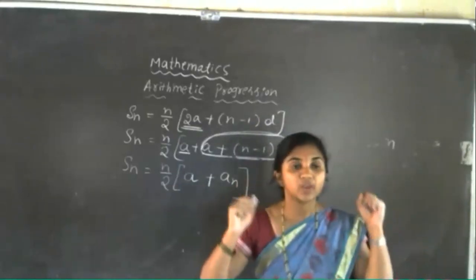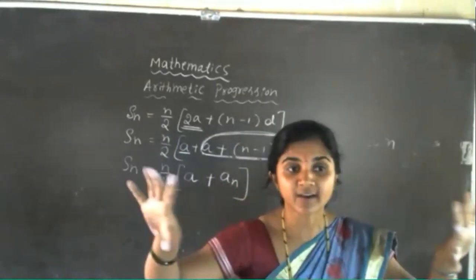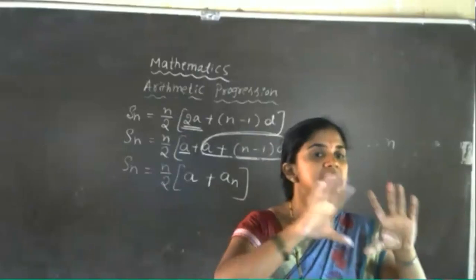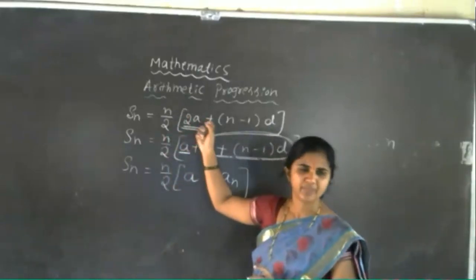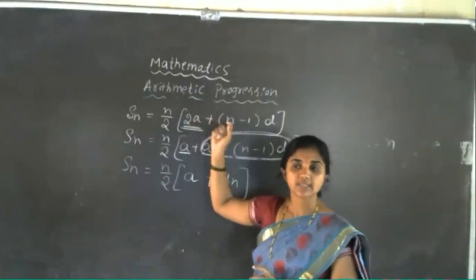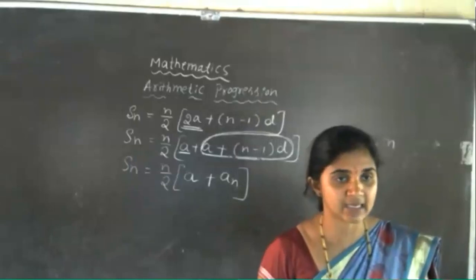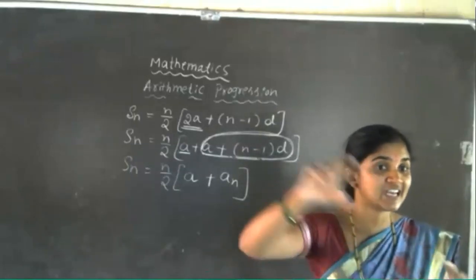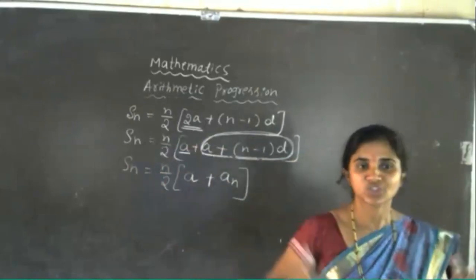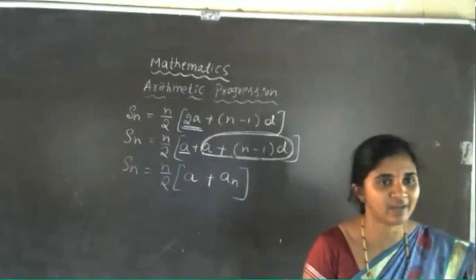Today we got three concepts. What are they? Sum of n terms of an AP. For any type of AP, this is the common formula: Sn is equal to n by 2 into 2a plus n minus 1 into d. Then, when it comes to the sum of the first n natural numbers, n by 2 into n plus 1, or n into n plus 1 divided by 2.